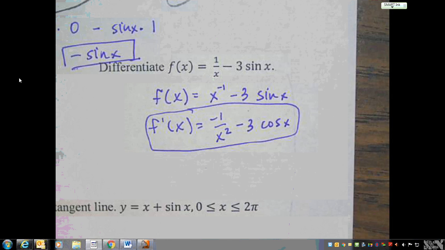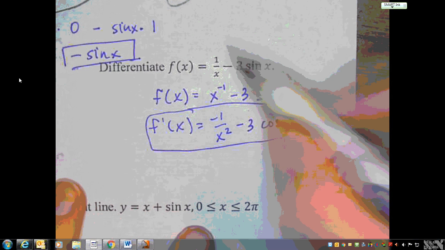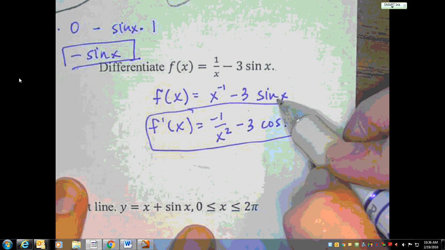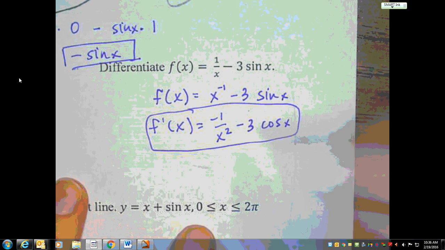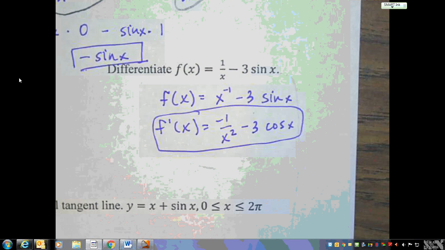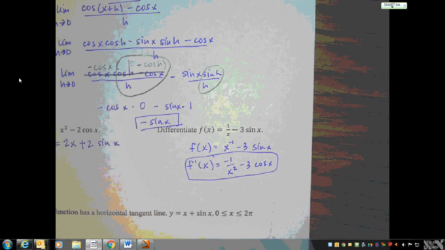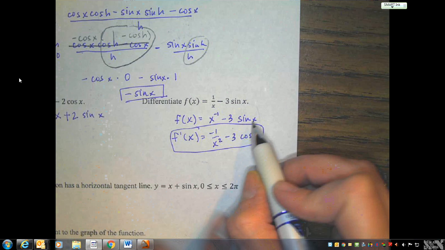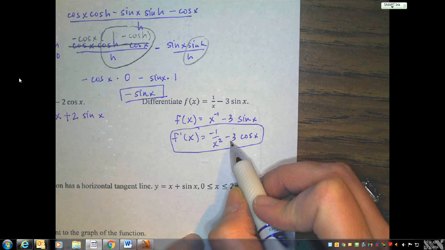How'd everybody do? Derivative of 1 over x is negative 1 over x squared. The derivative of sine is cosine, and that constant stays the same. All right. Next one. I'm sorry, what? Because the derivative of sine is just cosine, so it doesn't change.